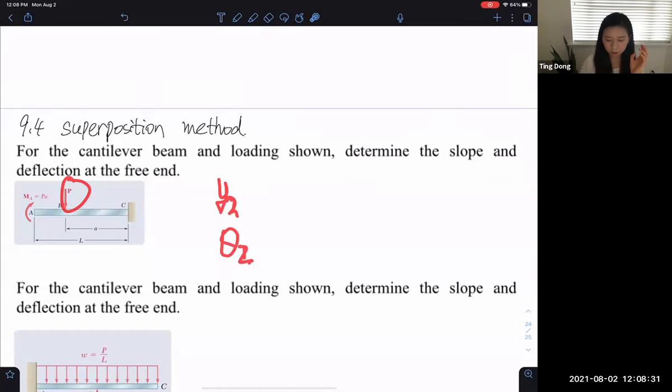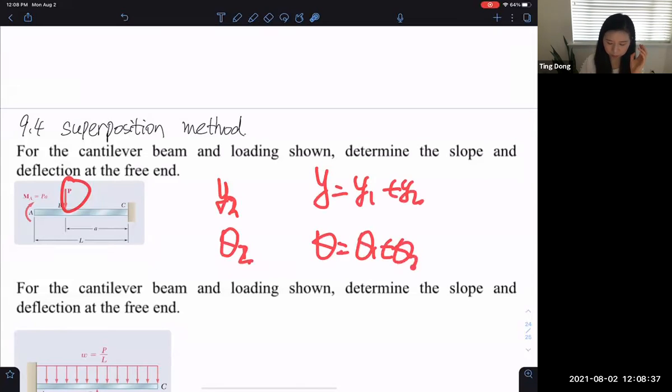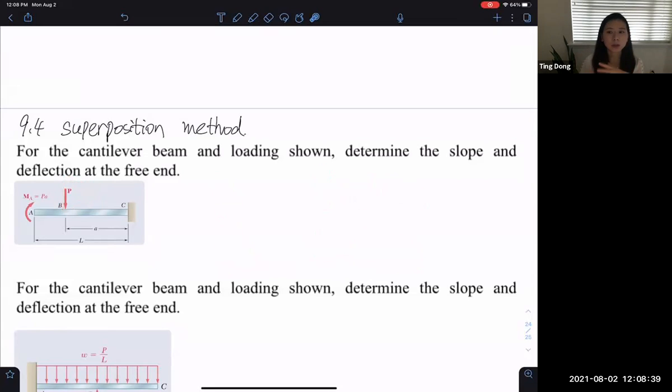And in the end, y equals y1 plus y2, theta equals theta1 plus theta2, right? So this is the basic idea of the superposition method. You calculate everything separately and then add them together.